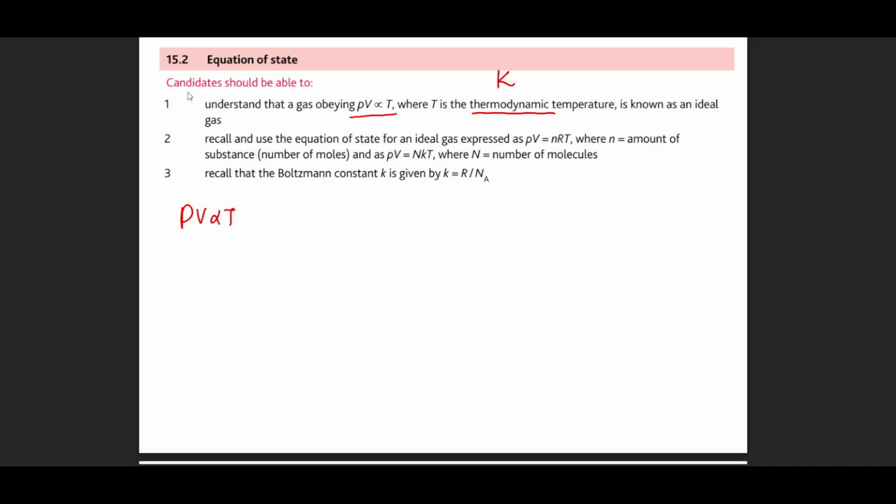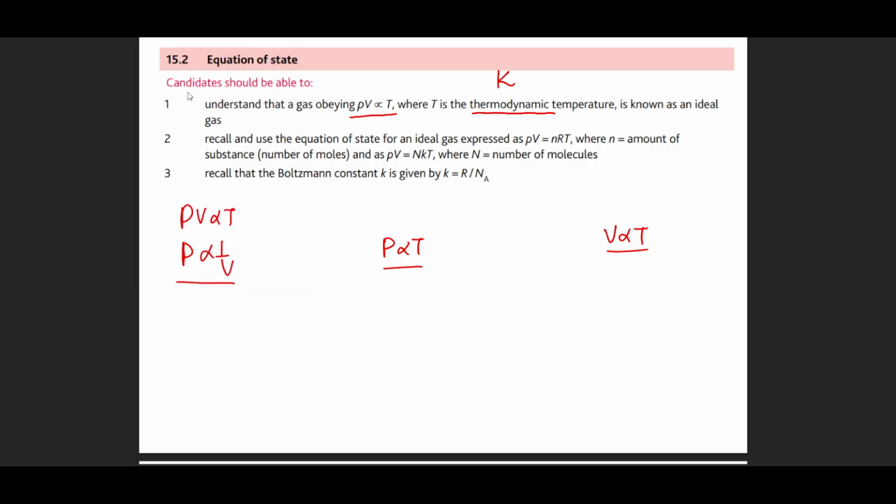This equation can be broken down into three more parts, right? We have pressure being inversely proportional to volume, pressure being directly proportional to temperature, and volume being directly proportional to temperature. These are three equations that follow from this system.